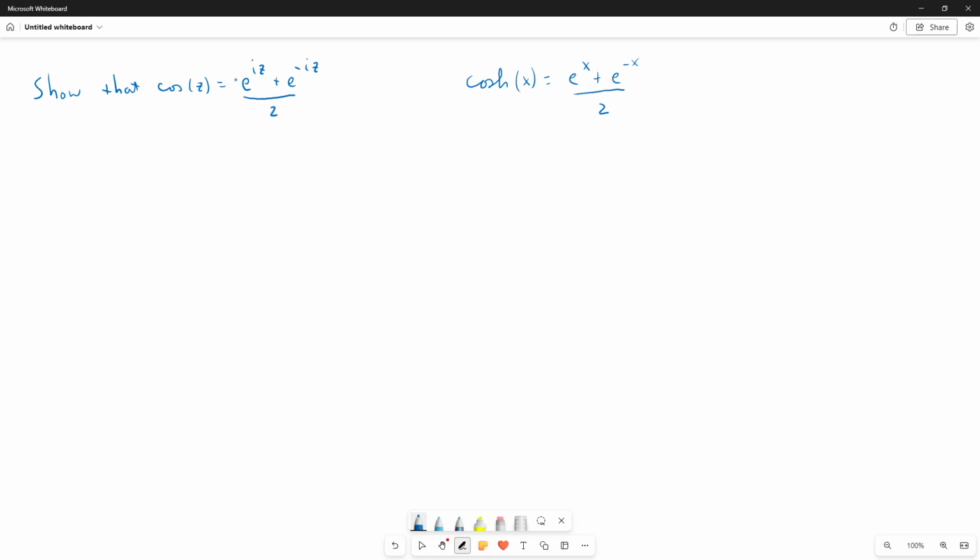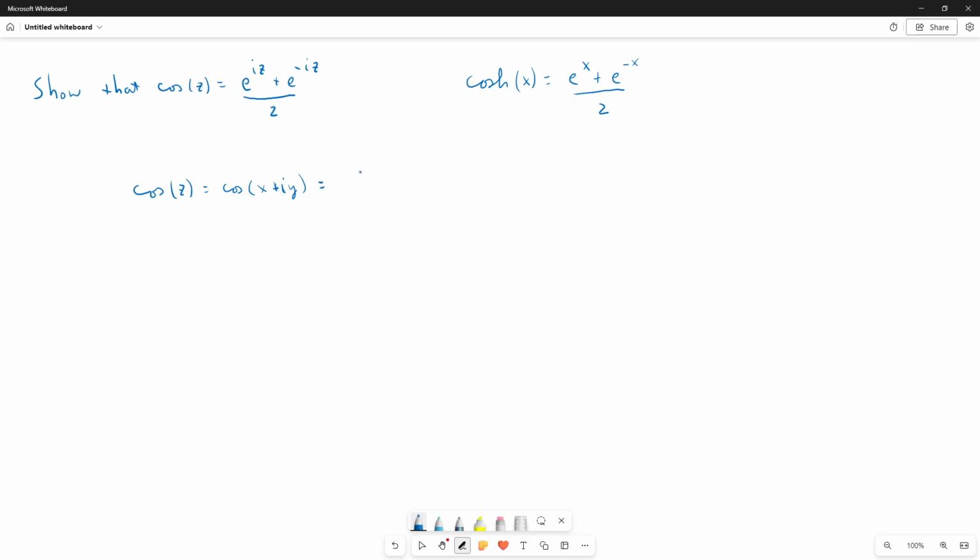And we're going to do this using the definition of cosine z and the definition of e to the z. So let's recall cosine of z is cosine of x plus iy, that's our complex variable z.